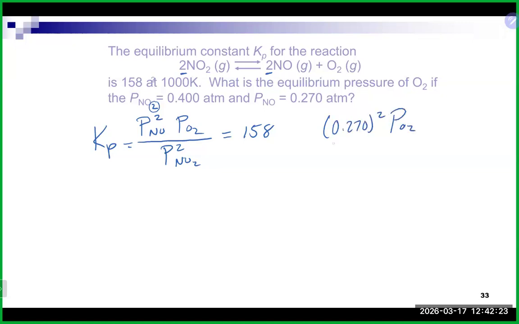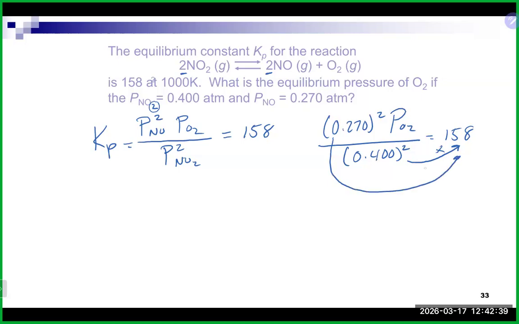Partial pressure of O2 is what we're looking for, divided by 0.4 squared as well, again equals 158. So mathematically, we're going to multiply that to the other side. And then when we're done with that, we're going to come back and divide that over to the other side.